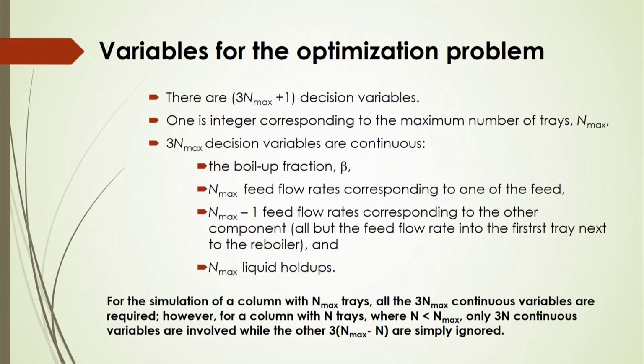So, for the simulation of the column with N_max trays, all 3 times N_max continuous variables are required. However, for a column with n trays where n is less than N_max, only 3n continuous variables are involved, while the other 3 times (N_max minus n) are simply ignored.